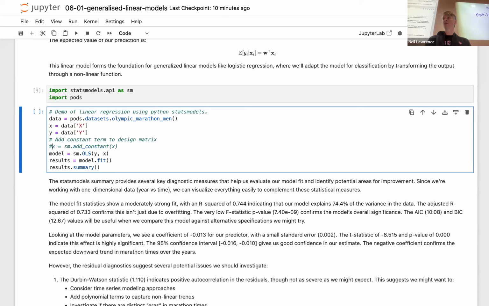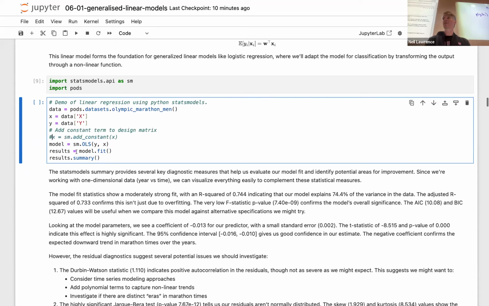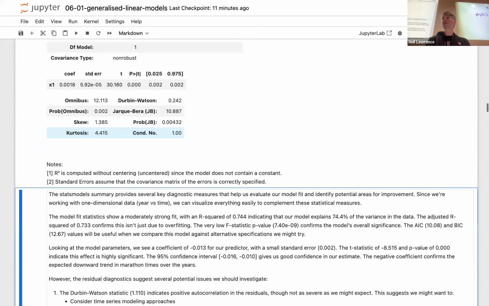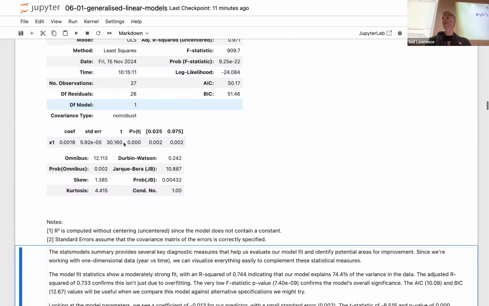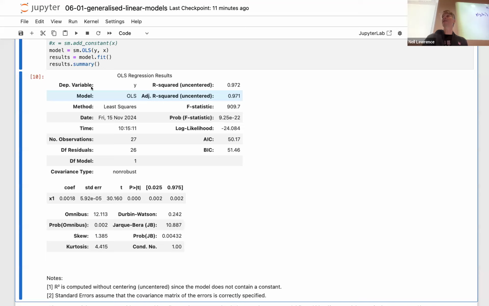So let's not add the constant and let's just fit ordinary least squares, which is what OLS stands for, with Y as the target and X as the input. And then we look at the results. What we see immediately is it's actually warned us. It's very cool: since the model does not contain a constant, R squared is computed without centering.